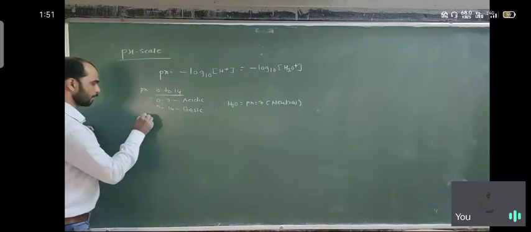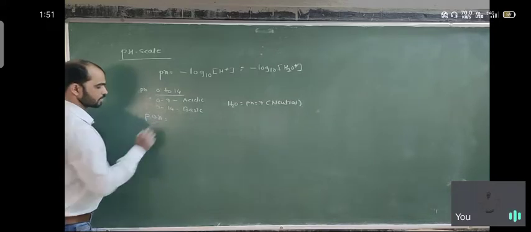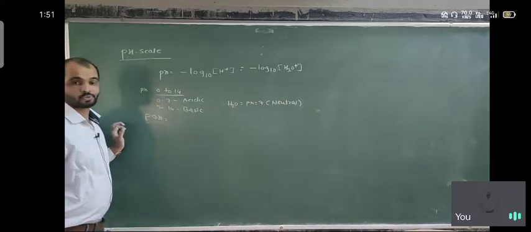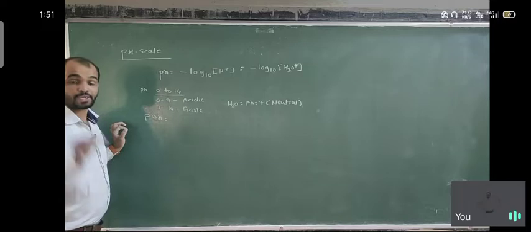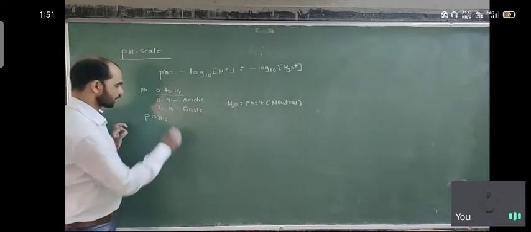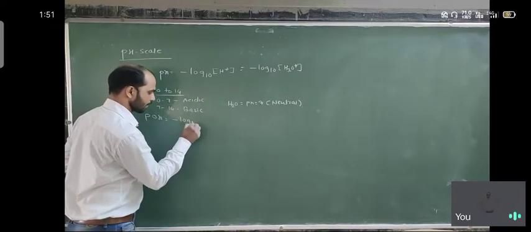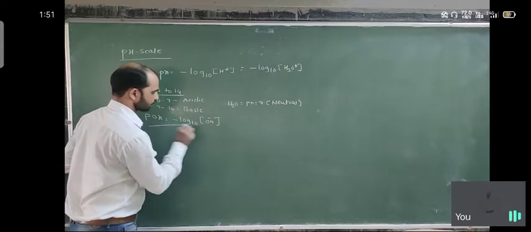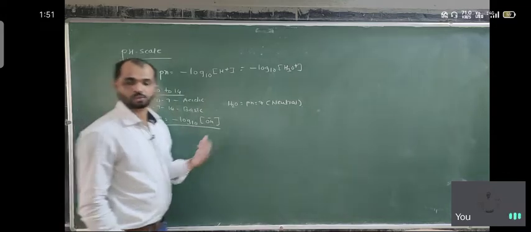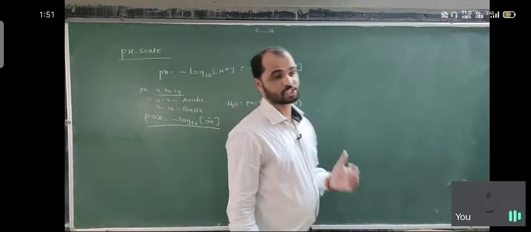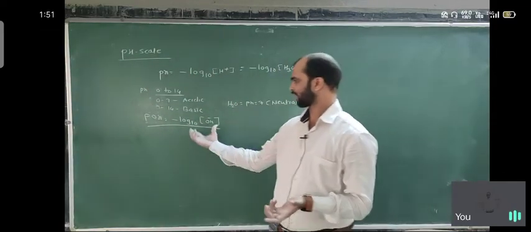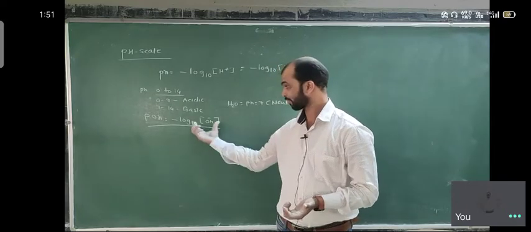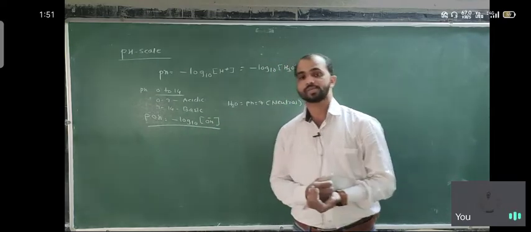So how do we calculate pOH? pOH is the negative logarithm to base 10 of the hydroxide ion concentration. So it is minus log base 10 of the concentration of OH minus. If the nature is basic, we find the pOH by finding the OH minus ion concentration.